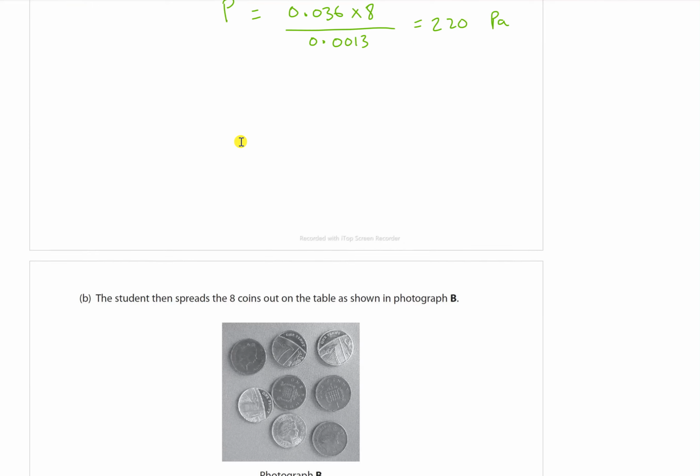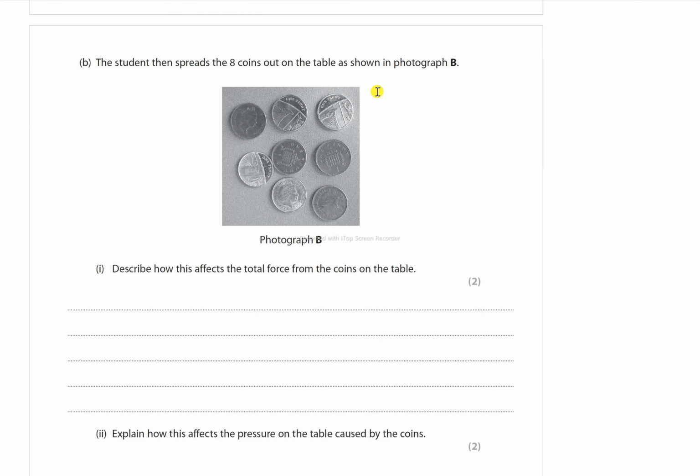Let's keep going. The student spreads out the coins on the table, like this, spread them out like that. Describe how this affects the total force from the coins on the table. The force is the same, or you can say the force remains unchanged.